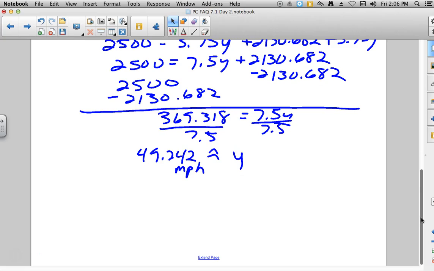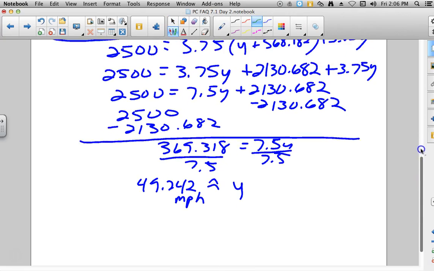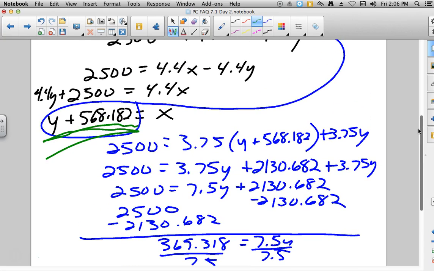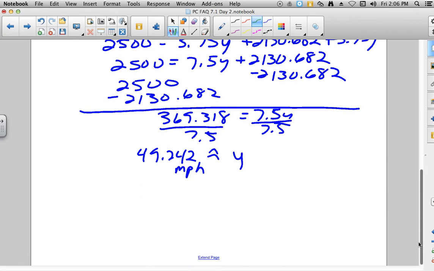And then it's go back and figure out what we're going to have for x. And this is definitely what we would want to use right here. So we would take our answer, the 49.242, and we would add 568.182. Or you could add, to keep this exact, the 2,500 divided by 4.4, put that in parentheses so that everything will work out perfect.